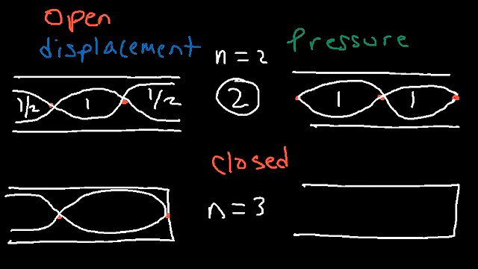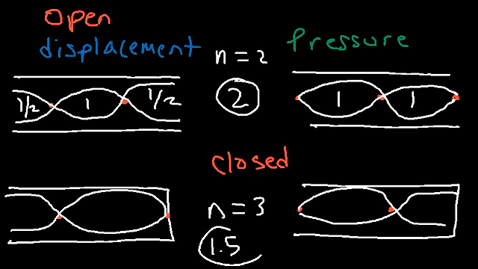Now, what about for the pressure? So we're going to have a node at the open end and an antinode at the closed end. So it's going to look like this. In both cases, we have 1.5 loops, 1 and a half and 1 and a half.